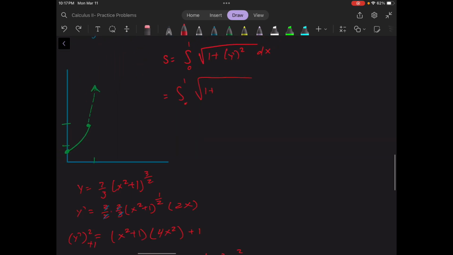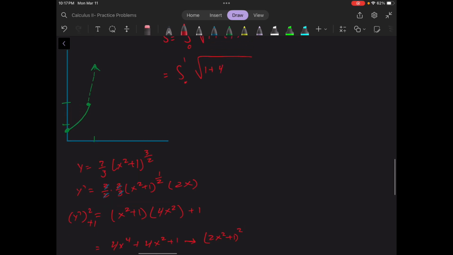So we could rewrite this as 2x squared plus 1 squared. So now we are able to successfully cancel the square root.